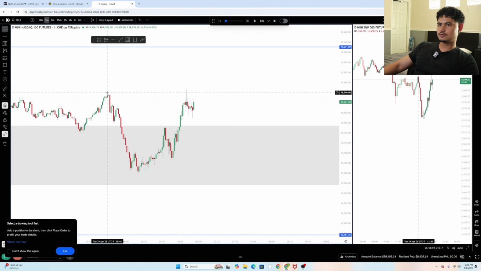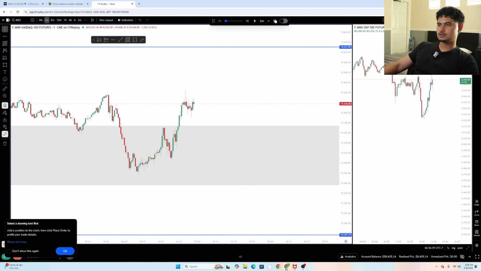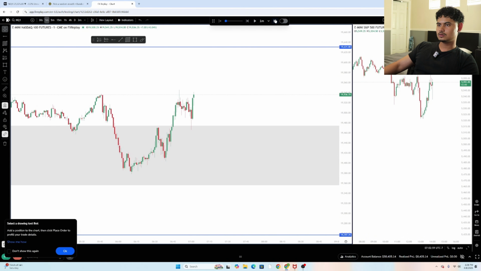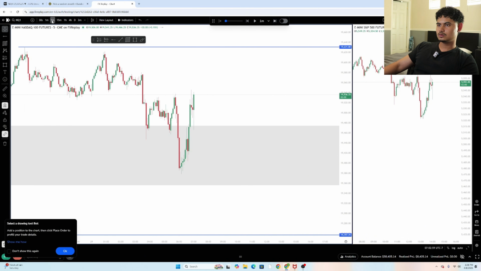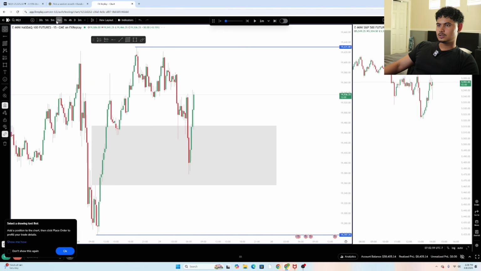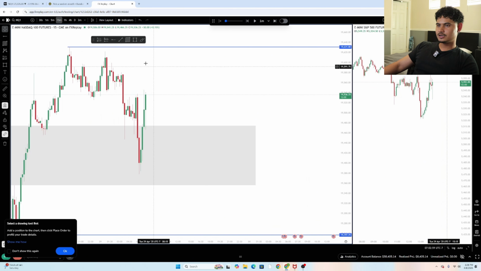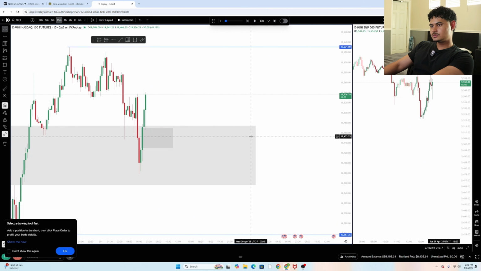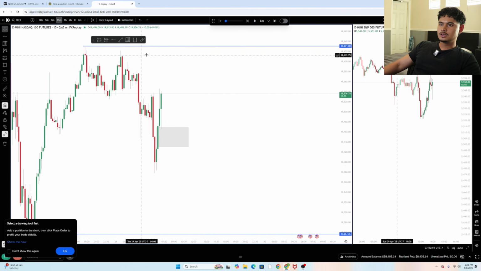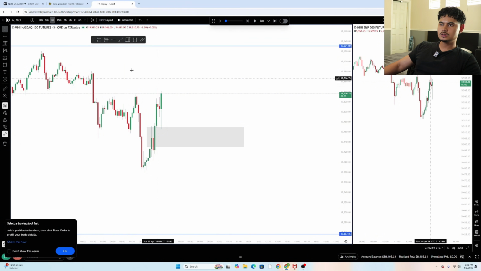Just took out this liquidity right here. 15-minute gap tap right here. We're on the 15-minute. Take off this 1 hour. So I'm gonna take a long here actually.